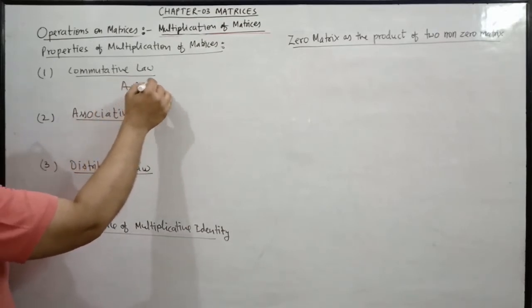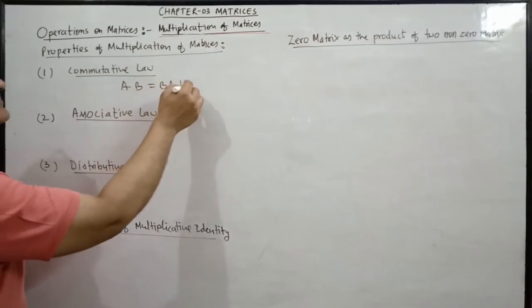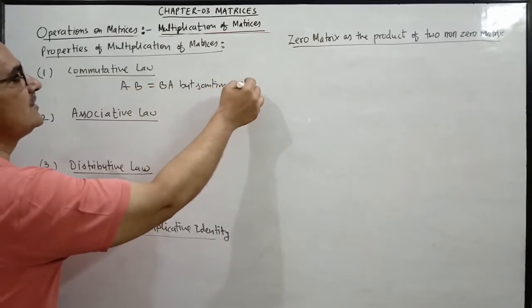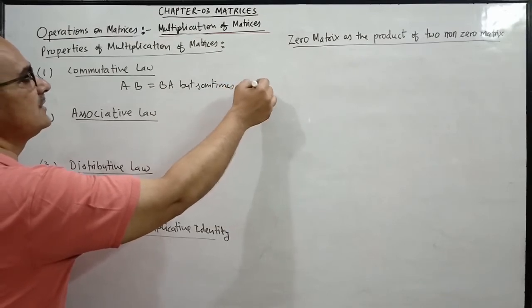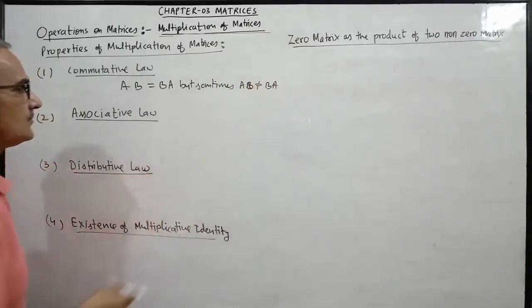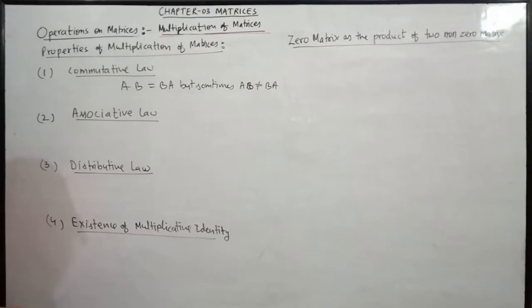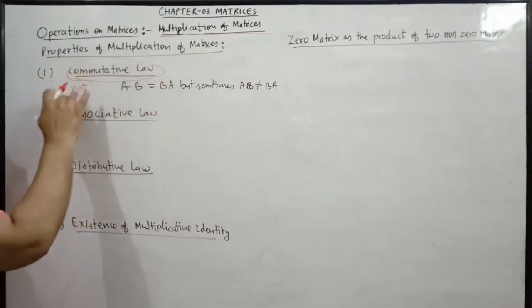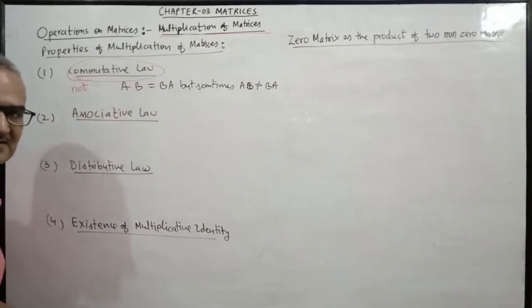Sometimes AB is equal to BA, but sometimes AB is not equal to BA. So we can say that matrix multiplication is not commutative in all cases. In some cases it can be commutative, but not in all cases.